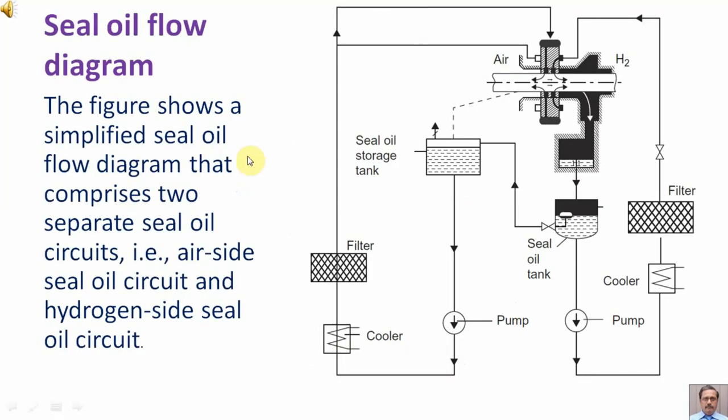The figure shows a simplified seal oil flow diagram that comprises two separate seal oil circuits, that is, air side seal oil circuit and hydrogen side seal oil circuit.